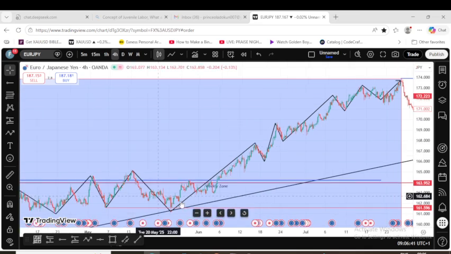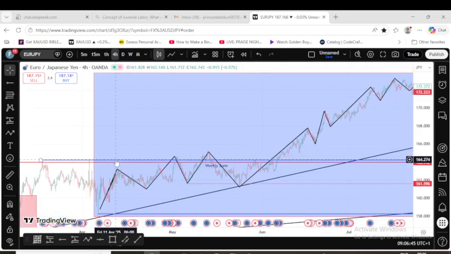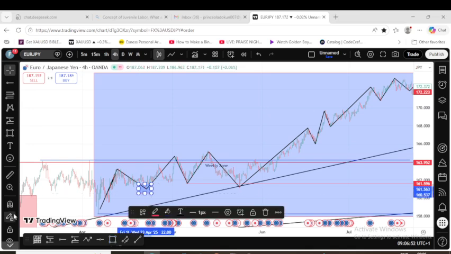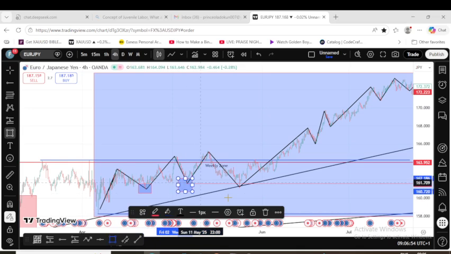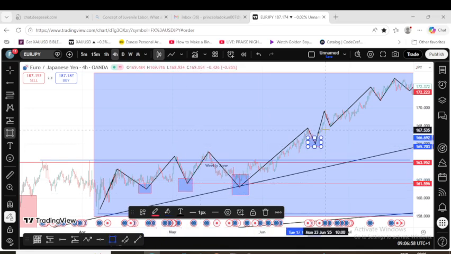Typically, we should want to look for what kind of price pattern. For example, the next thing that I will do is to go here. I'll circle this one here, here, here, here, here, and here.